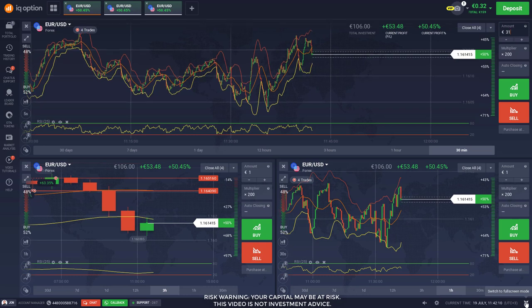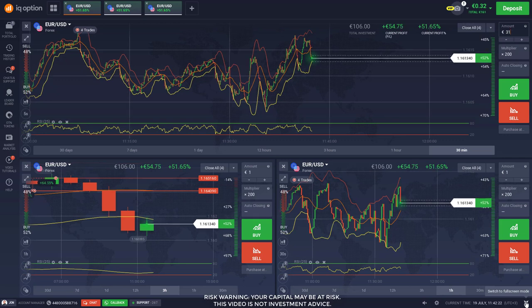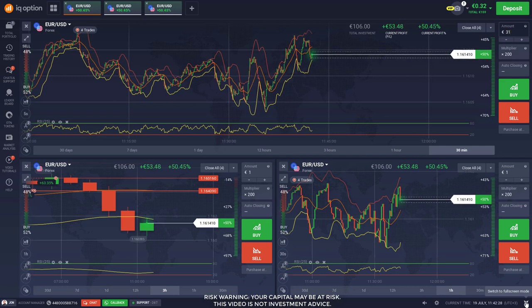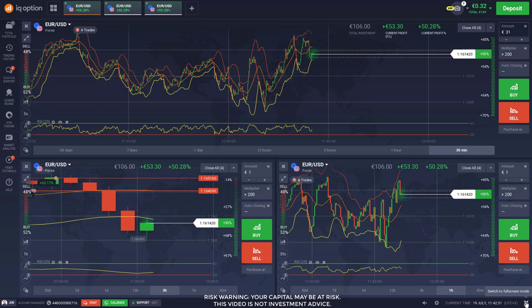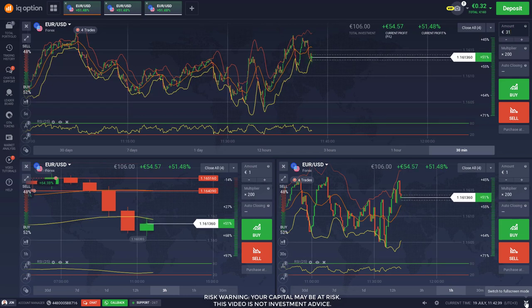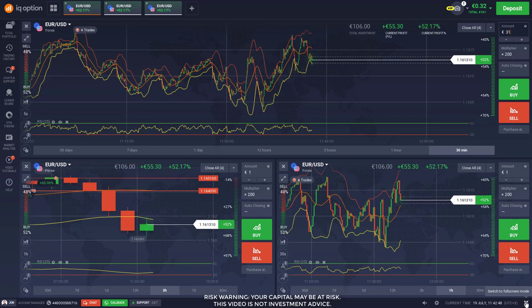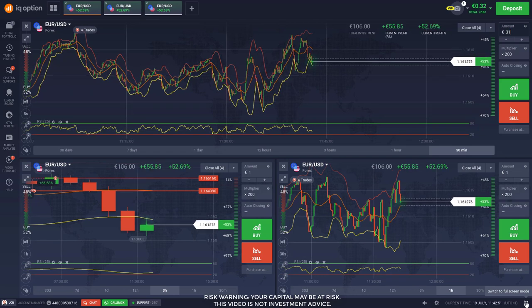It may take another 15 minutes to come down, but it will come down, and that 1 hour green candle will turn into red. So this is the kind of thing in the Forex, you have to take your time as a day trader approach. You cannot prematurely close it. I mean, you can close it, 50% profit is okay. But this is a potential to generate more than 70% or 100%.